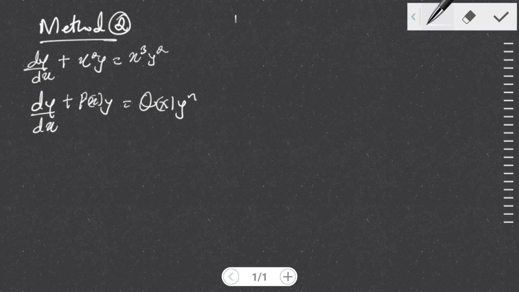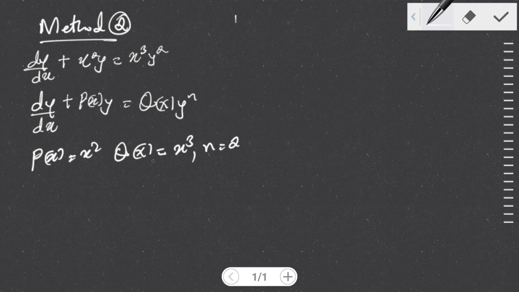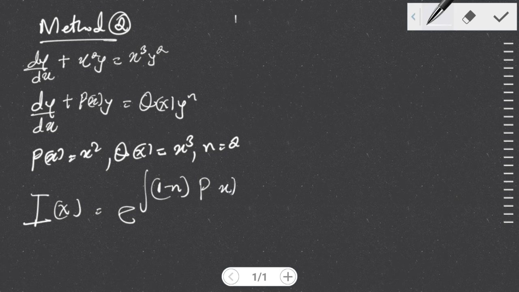And now, having known that this is the format that is supposed to exist, what we do here, we are going to say that p of x in this case will be equals to x squared, q of x would be equals to x cubed, and n would be equals to 2. Now, having identified all of these, I come here and say that the integrating factor of x would be equals to e to power the integral of 1 minus n, close this, p of x dx.